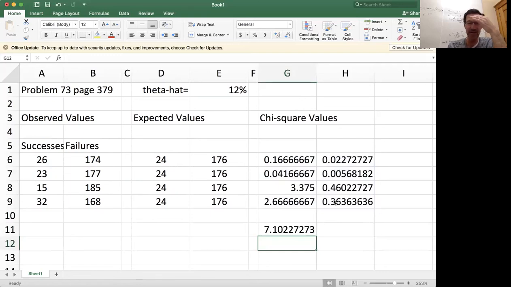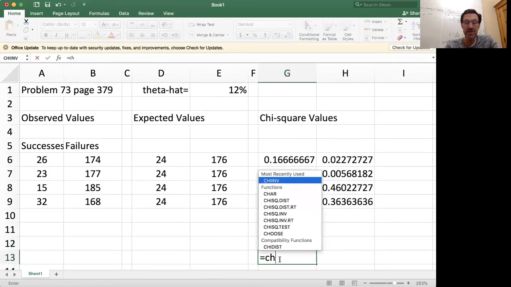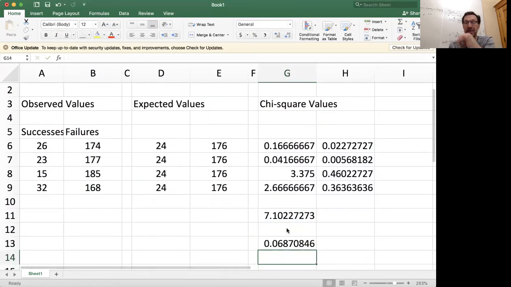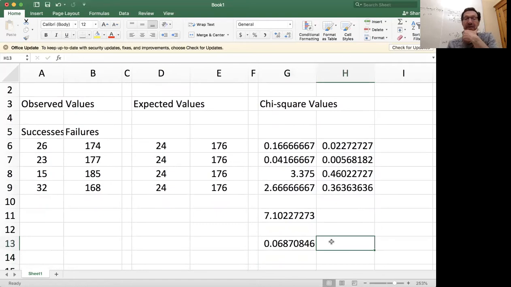So this is bigger than the mean, but is it significantly bigger? Well, we can look up a table in the back of the book, or we could just use Excel, CHIDIST. We want to know for our value with 3 degrees of freedom, and there's that number, 0.068. So that is greater than alpha, so we fail to reject.